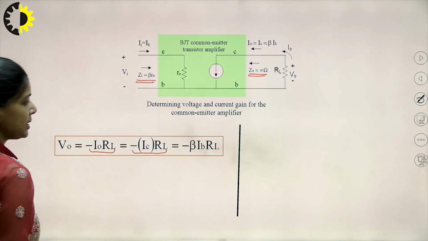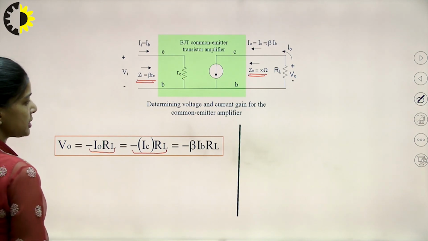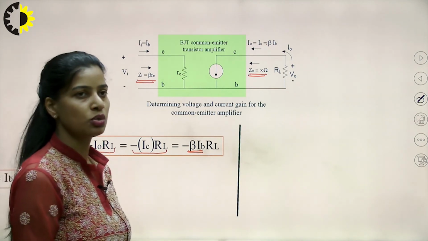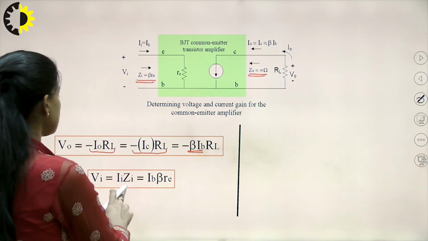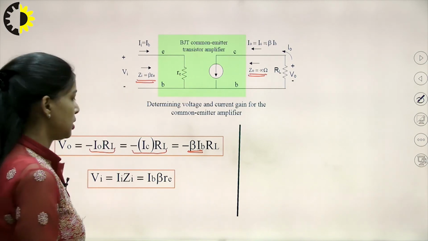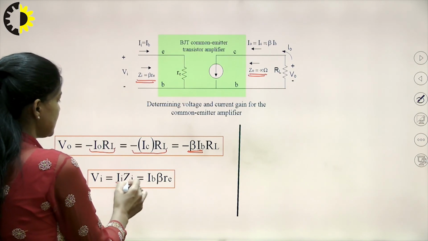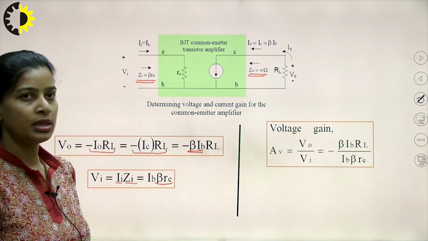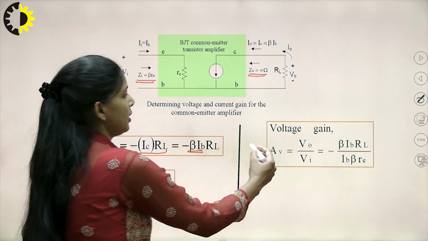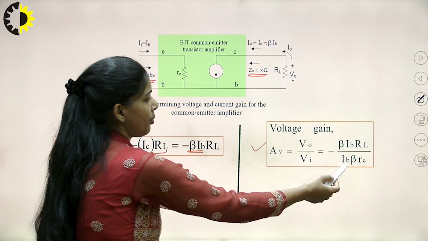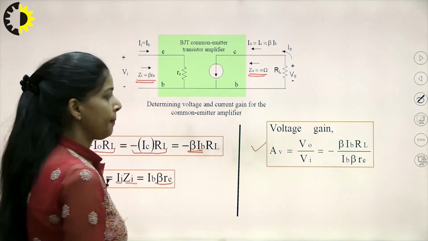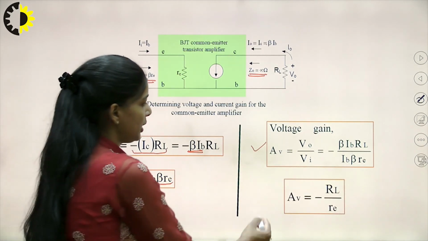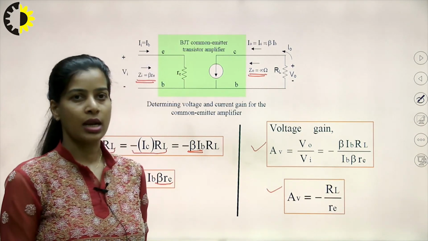So we get IC RL, and putting the value of this IC as beta IB, we get this as minus beta IB into RL. The input voltage is I input into Z input. So I input is IB and Z input is beta re. So we get this V input as IB into beta re. So voltage gain comes out to be minus beta IB RL upon IB beta re. So some values will get cancelled out from numerator and denominator and we get this voltage gain as minus RL upon re.